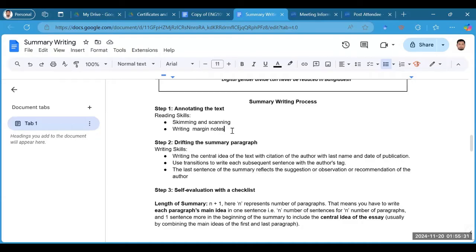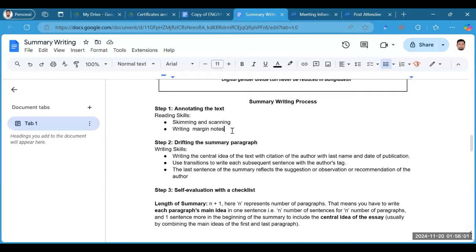After writing the first sentence presenting the central idea of the whole text, you start writing the main ideas of all the paragraphs, from the introductory paragraph till the last concluding paragraph, and all the body paragraphs in between. All should be presented through one sentence. For each paragraph, you write one sentence.